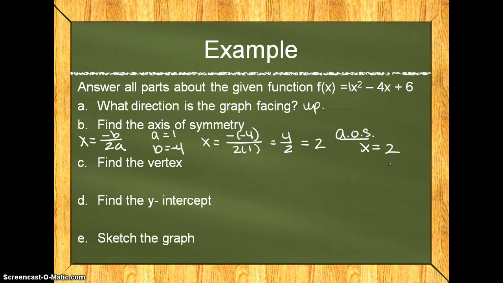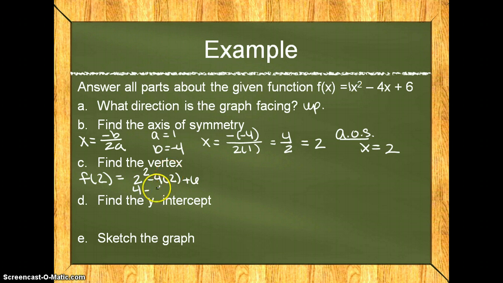The second part is to find the rest of the vertex. We have the x because x is equal to 2, but we now need to find the y. So we need to find what f of 2 is equal to. F of 2 is 2 squared minus 4 times 2 plus 6.